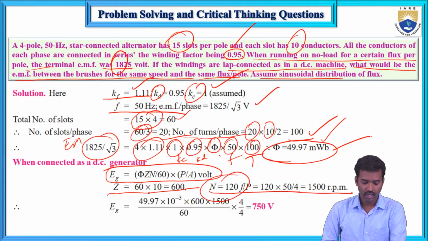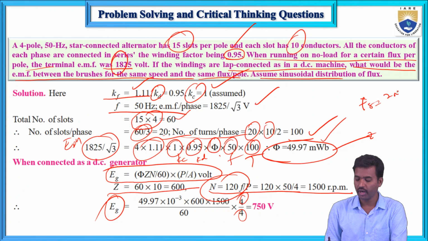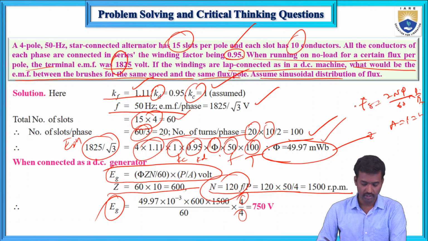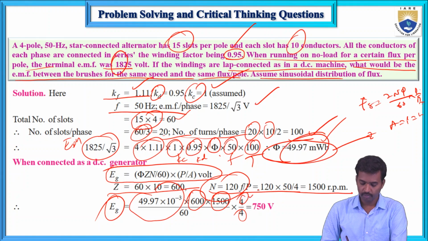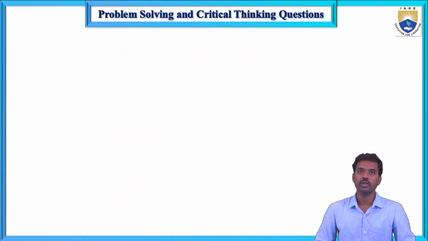Substituting in the formula, we get the armature conductors for lap connection: EG equals Z N phi by 60 into P by A, where P is the number of poles, A is the number of parallel paths, A equals P for lap winding, Z is the number of conductors, N is the speed, and phi is the flux. So here EG equals 750 volts.